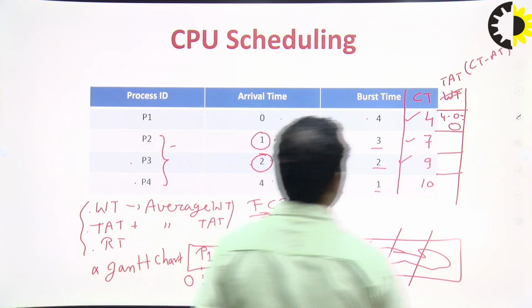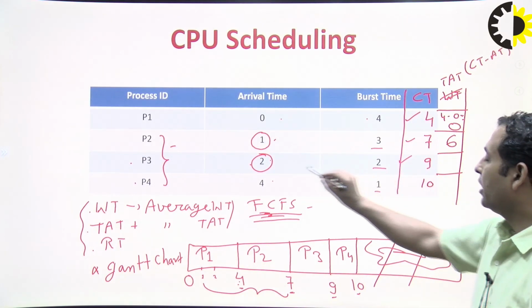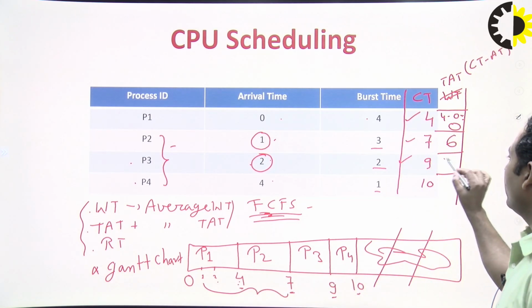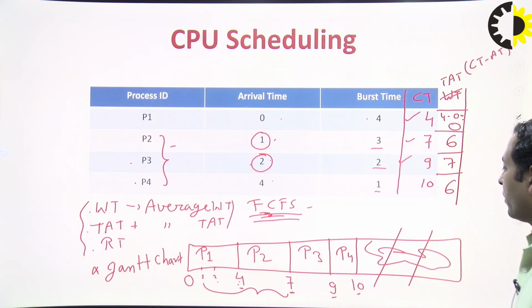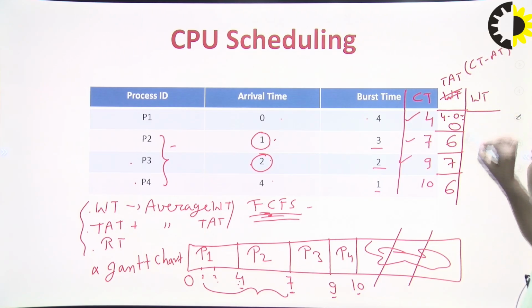So, the TAT is 7 minus 1 equals 6. Now, 9 minus 2 is 7, and 10 minus 4 is 6. Now, calculate the WT, waiting time.